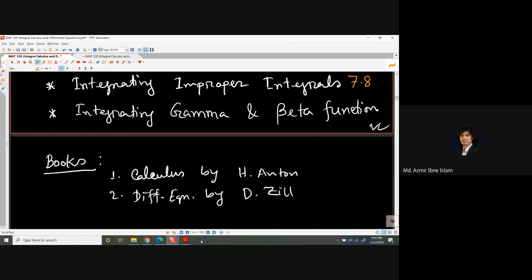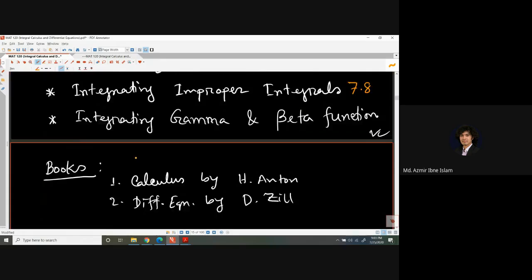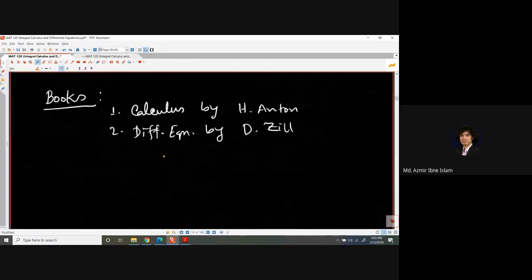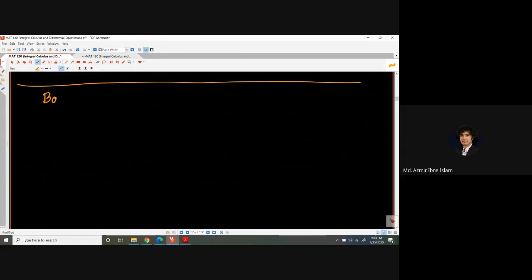So let's start from the u-substitution method. Before starting the u-substitution method, you have to know some basic formulas.